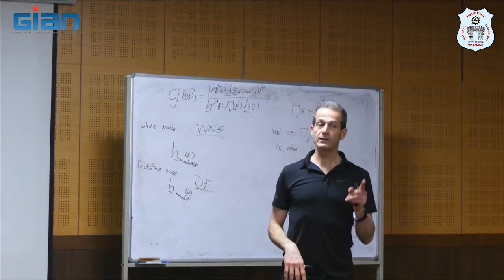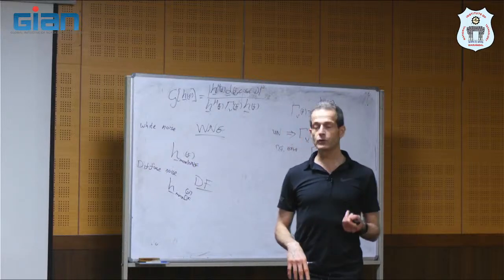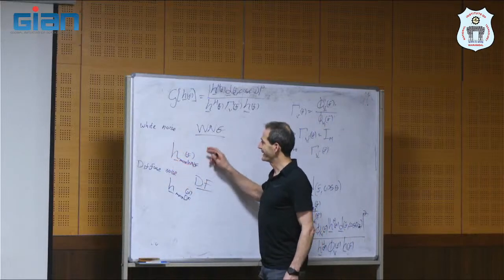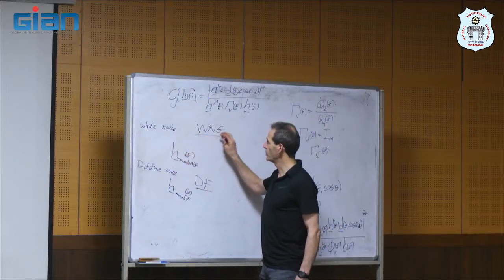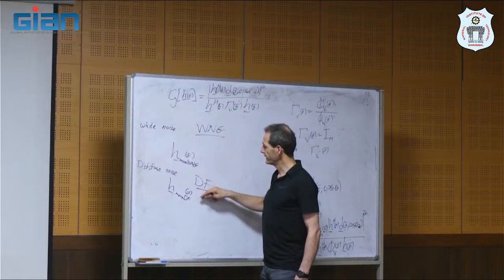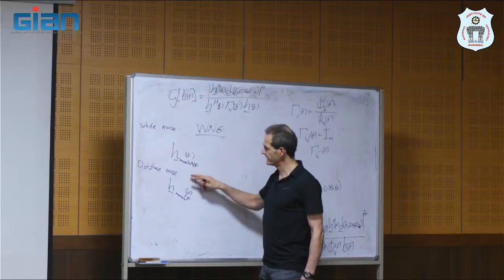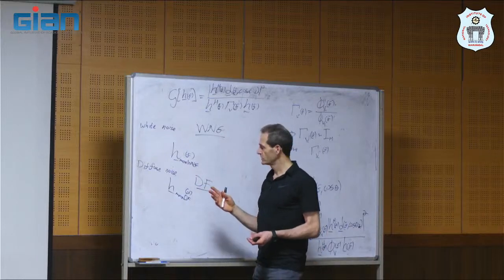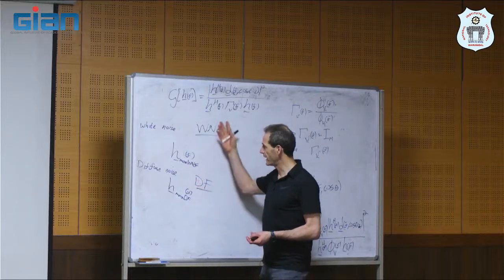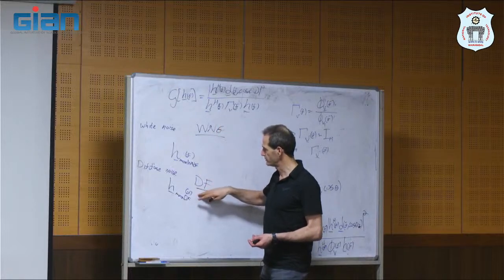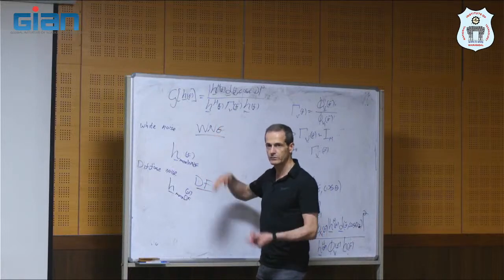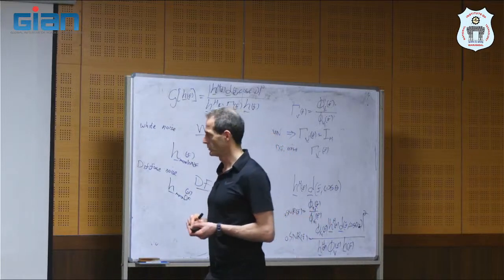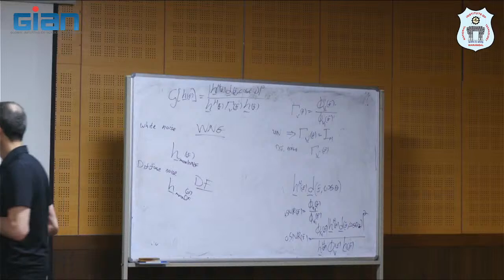But we will see that we have a trade-off. If we try to maximize the gain for white noise, then it will decrease the gain in SNR for diffuse noise, and vice versa. So when we increase the output SNR for diffuse noise, it decreases for white noise, and vice versa. So we will see the relations between them, which is interesting.